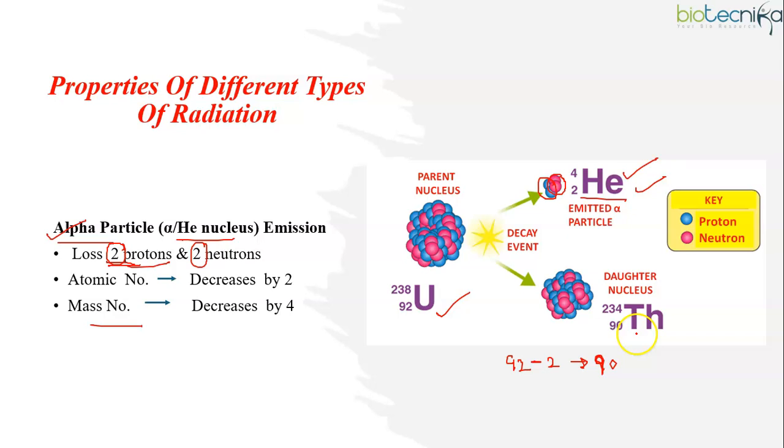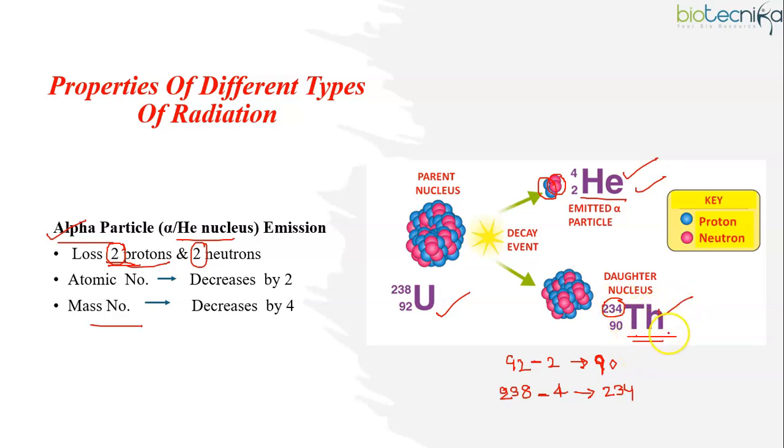In the periodic table, the element having the atomic number 90 is thorium. So uranium is converted into thorium, and because the mass number decreases by 4, 238 being the mass of the parent nucleus, the mass number of the daughter nuclei will be 234, as shown over here.